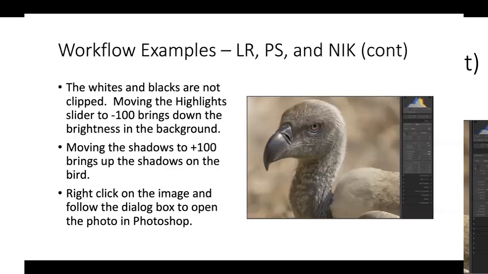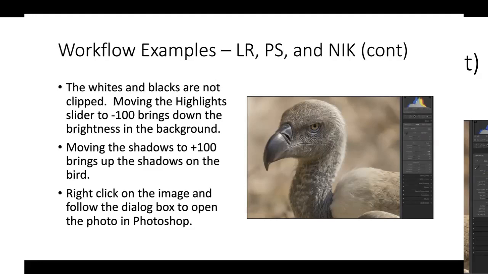Again, the whites and the blacks are not clipped. I moved the highlight slider down to 100 to bring down the brightness in the background and also to make sure that I got the hair as much definition up around the dome here where the backlight was, and also in this area.